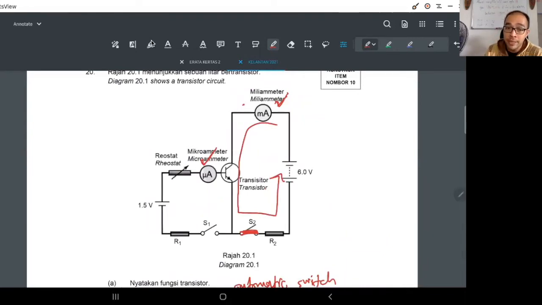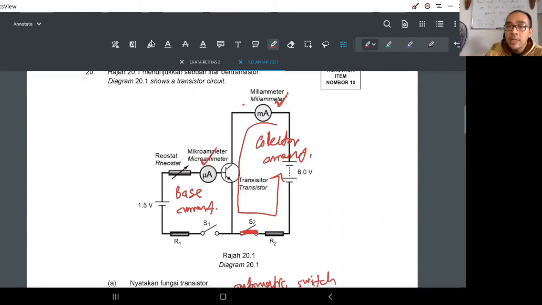But we need to remember that the transistor can only work if the base current is flowing. So here is the base current, and this is the collector current. The transistor is very important. Even though the collector circuit is on, the transistor is not working because there is no base current.